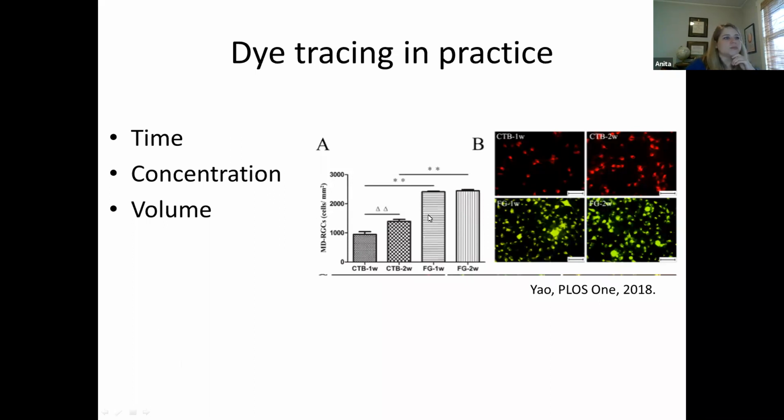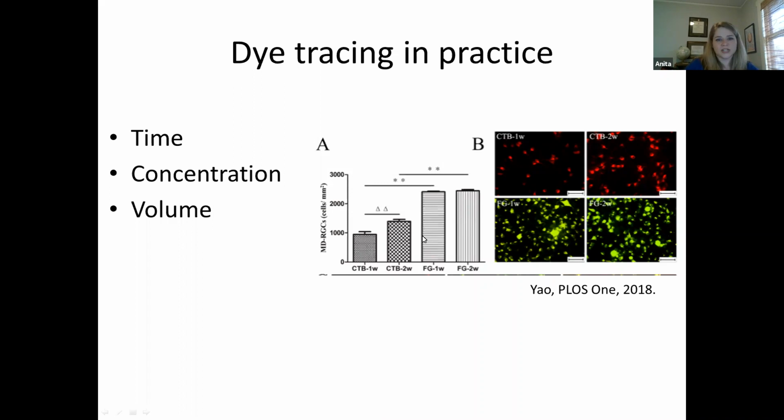This is just an example that showed that there is a difference in how many retinal ganglion cells, in this case, they label if they let CTB incubate for a week or 2 weeks. In the case of Fluoro-Gold, at least in this particular projection, they didn't see much difference. But again, this is also projection dependent.